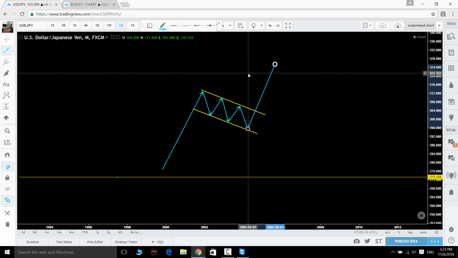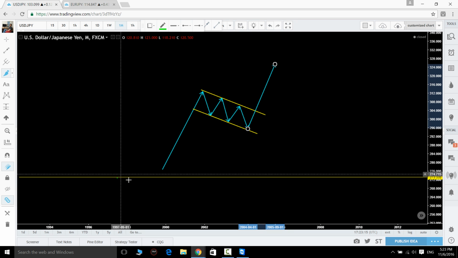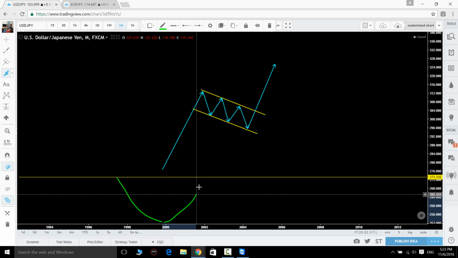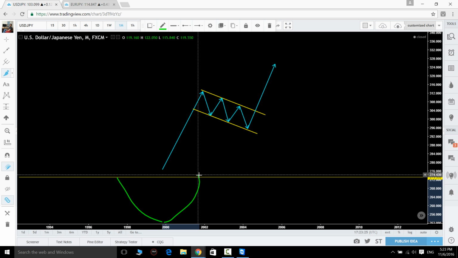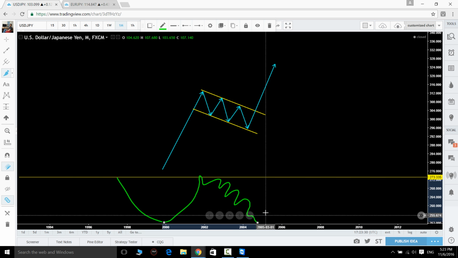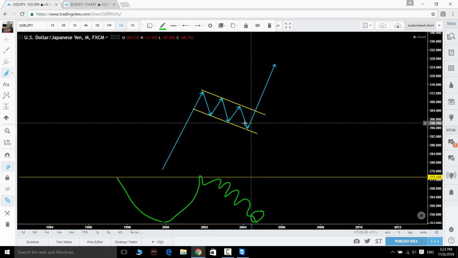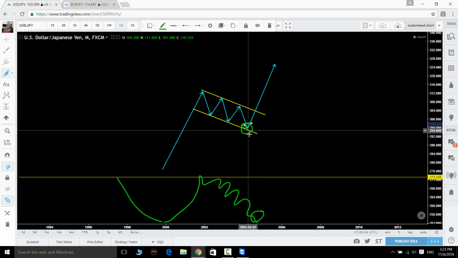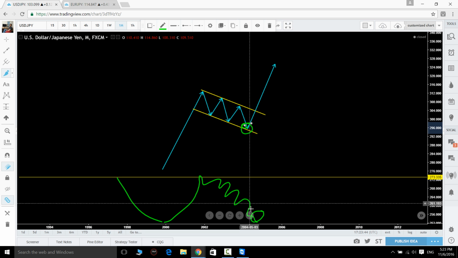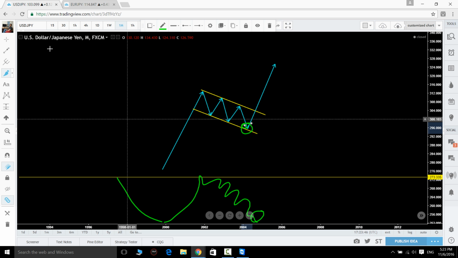We can see that, and at the same time we can see on our indicator, like your RSI, that price was overbought and now price is showing oversold. Your chart and your trend continuation pattern show you that price is just about to break, and your indicator is also showing the same picture.